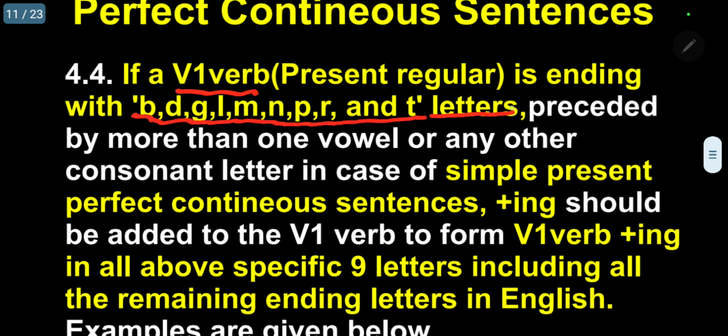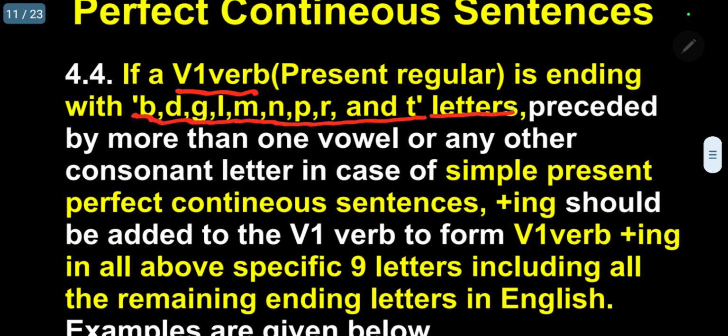A simple example: eat. T is the end letter, and 2 vowels are there, E-A-T. It is not a regular verb, it is an irregular verb. Anyhow, 2 vowels are coming, or any other consonant is present.